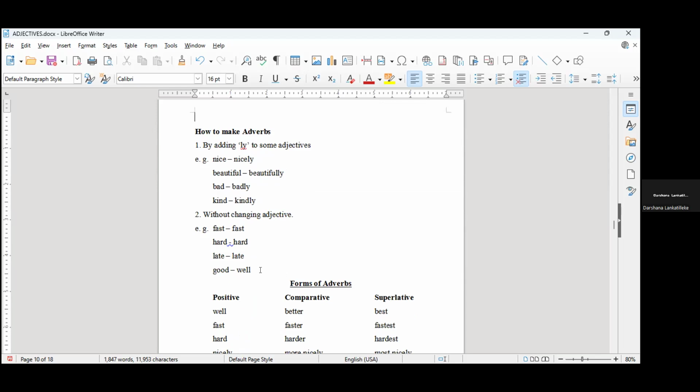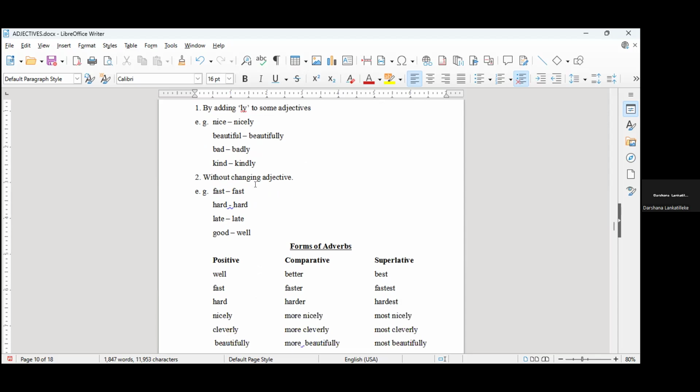Nice is an adjective; if we say nicely, it becomes an adverb. Beautiful is an adjective, beautifully is the adverb. Bad is the adjective, badly is the adverb. Kind is the adjective, kindly is the adverb. So here, by adding ly to the adjective.